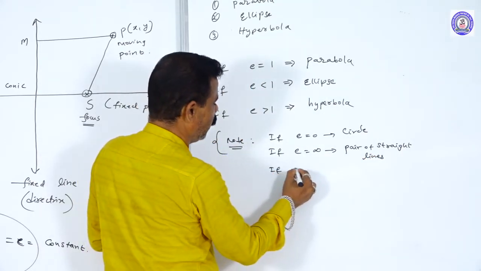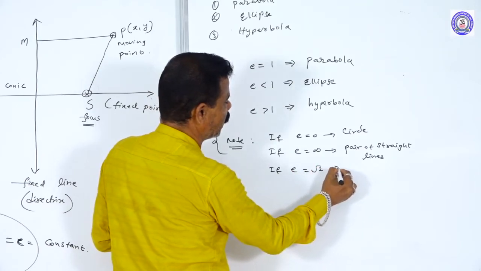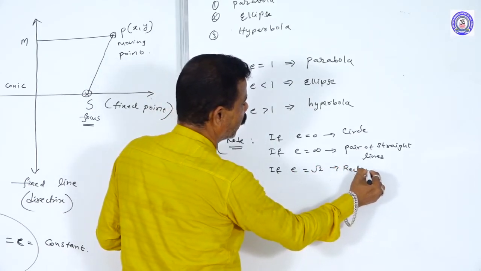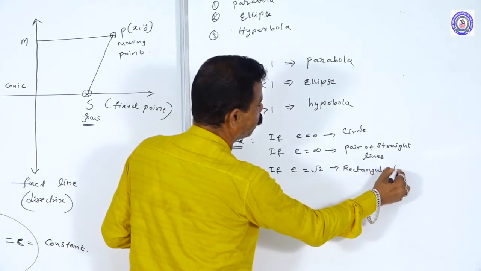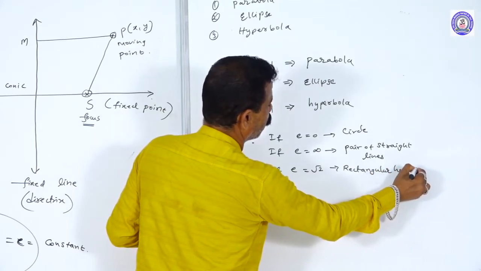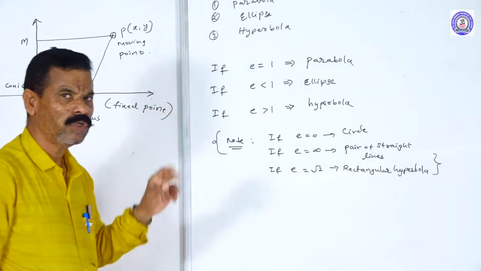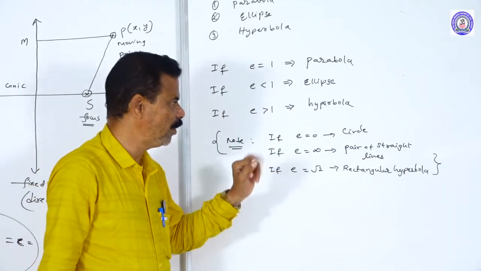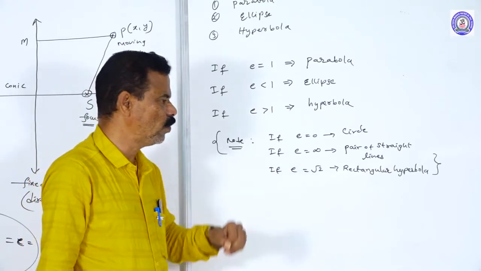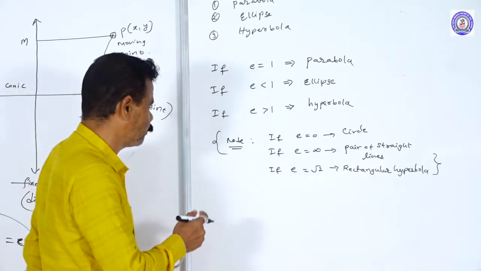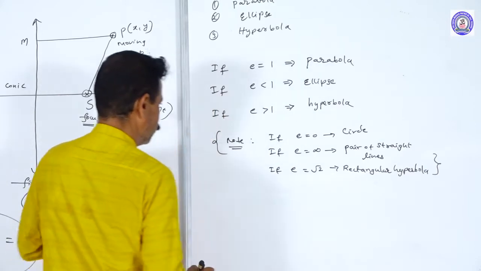If e is equal to root 2, it is the rectangular hyperbola. To recap: e equal to 0, circle; e equal to infinity, pair of straight lines; e equal to root 2, rectangular hyperbola. Next.